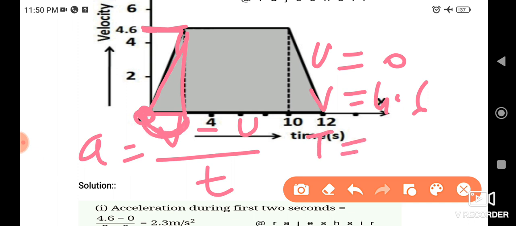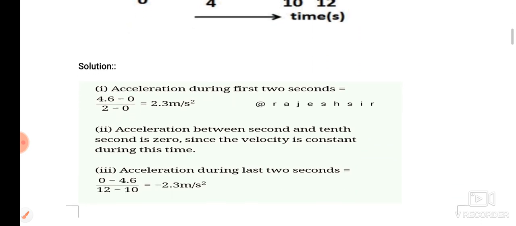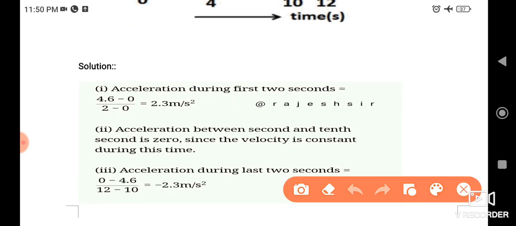All of you know the formula, v minus u by t. So I have applied this formula: the acceleration in the first 2 seconds is (4.6 minus 0) upon (2 minus 0), or you can write directly 2, so that is 2.3 meters per second square.